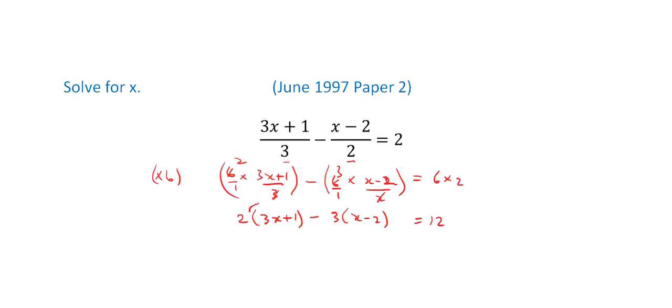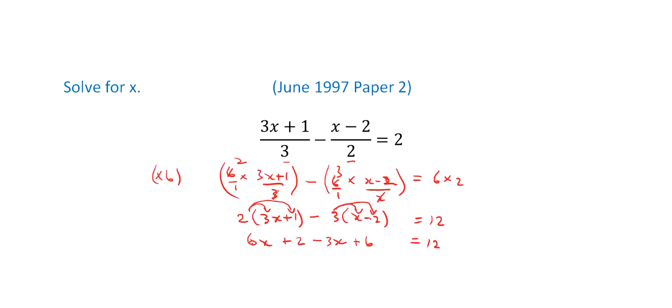So to remove the brackets, we do this. 2 multiplied by 3x will give me 6x, and 2 multiplied by 1 will give me 2. And this is where the students tend to make their mistakes. Minus 3 multiplied by x gives me minus 3x, and minus 3 multiplied by minus 2 gives me plus 6, which is equal to 12.